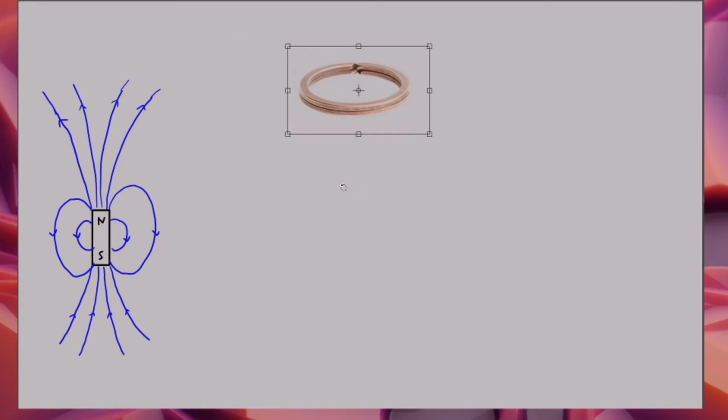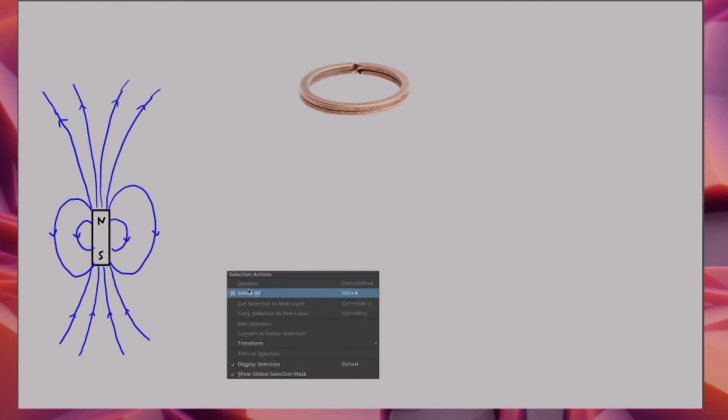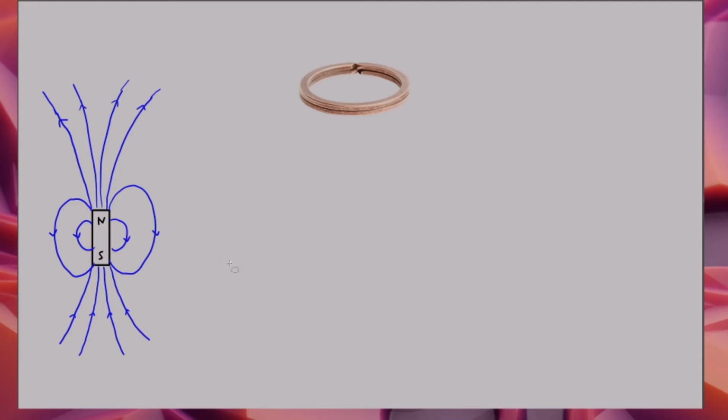But let me add something to it. Remember that this loop is made out of a metal, and so it's made out of atoms. What that means is that I have a bunch of atoms in that thing, and what comes with these atoms is a bunch of charges. So let's draw a bunch of charges all over the place.